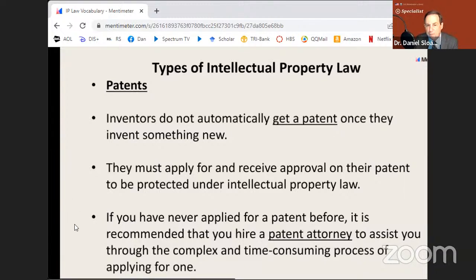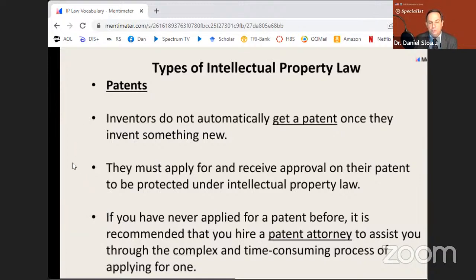If you have never applied for a patent before, it is recommended that you hire a patent attorney to assist you through the complex and time-consuming process of applying for one. You can apply through the U.S. Patent Office with the help of a patent attorney. It might cost you more the first time, and after that you'll probably be able to do it on your own.